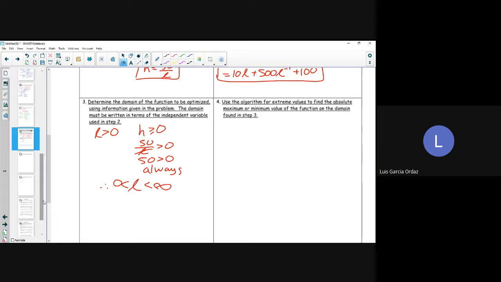And then last but not least, we can use our expression from what we have. So the minimum cost in terms of L is equal to 10L plus 500 L to the negative 1 plus 100. So if I take the derivative of C of L, what is my derivative, guys? What would my derivative be?